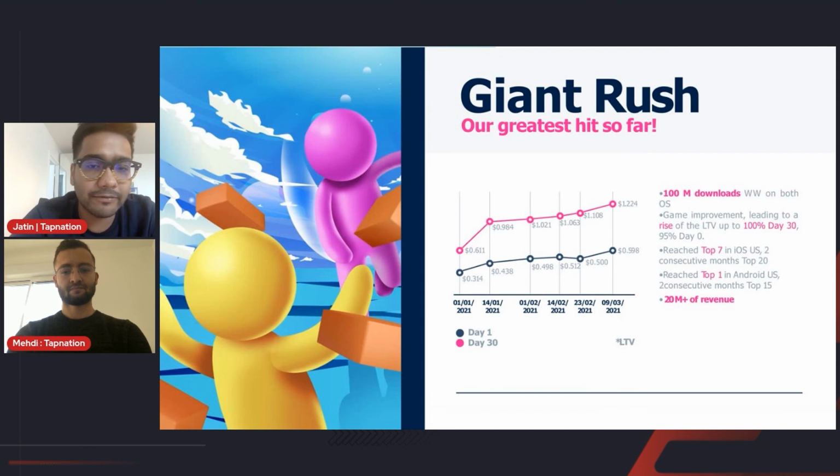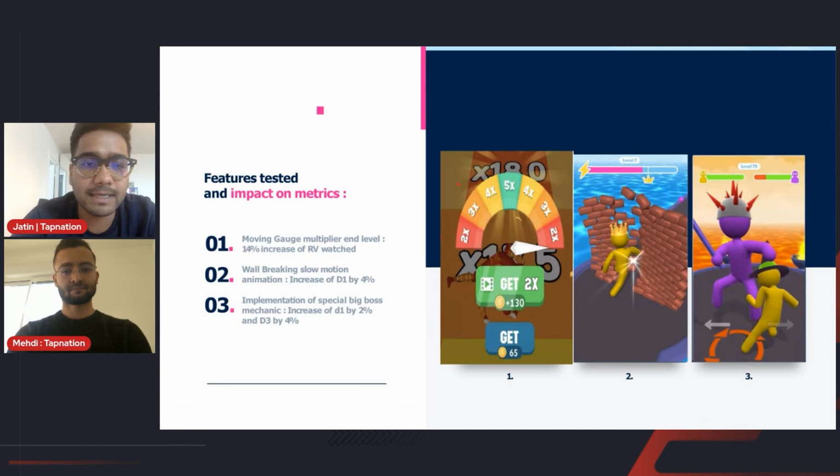And of course, one of the key contributing factors was the hundreds, if not thousands, of A/B tests we ran on this game to achieve this result. And when it comes down to what we actually tested, of course we tested many things, but the biggest wins came from adding a moving gauge multiplier at the end of the game.